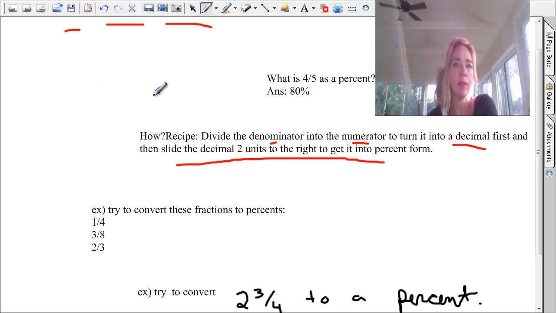So, all right, let me just think about this one here. If we divide the bottom into the top, 5 into 40 goes about 8. And then there we're looking at 0.80, which is slide the decimal 2 to the right, so you have 80%.